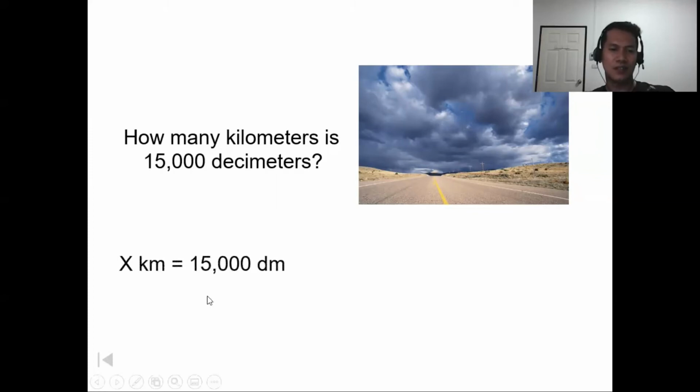So we are looking for kilometers, and we are going to cancel out decimeters. We already know, going back to your conversion table, and we have to take this step by step, all right?